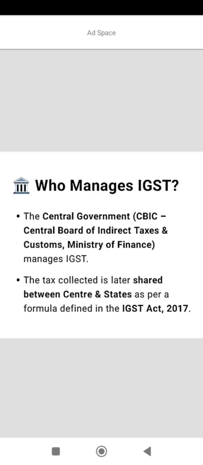Okay. One more thing I would like to highlight here. There are 2 major statutory authorities or bodies of Ministry of Finance which levy taxes, direct or indirect. Okay, first body is CBIC, Central Board of Indirect Tax and Customs, and second one is CBDT, Central Board of Direct Tax.